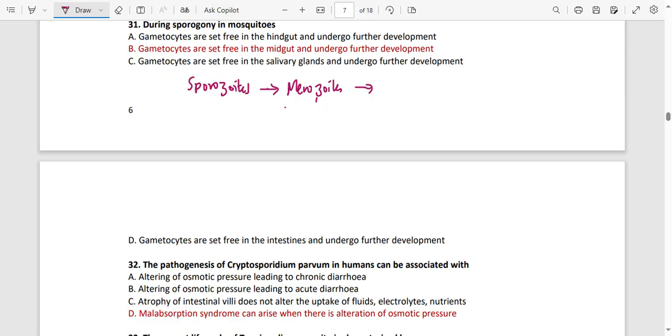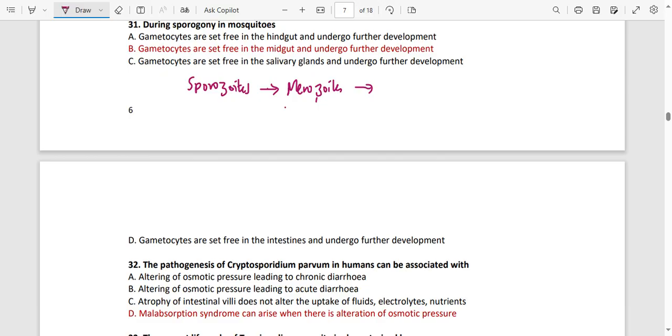So we are saying the merozoites here, which are in the liver, they've been released when the hepatocytes rupture.